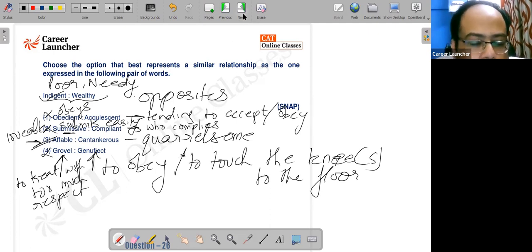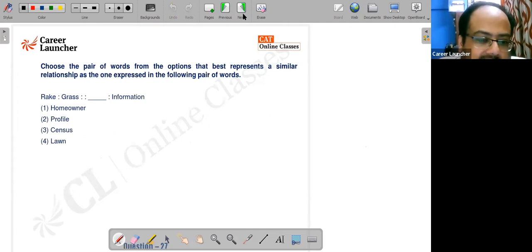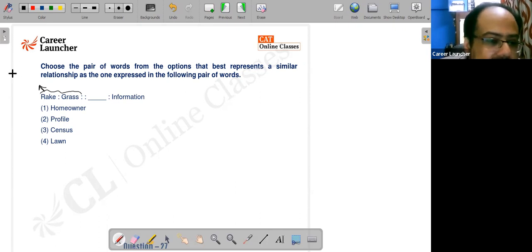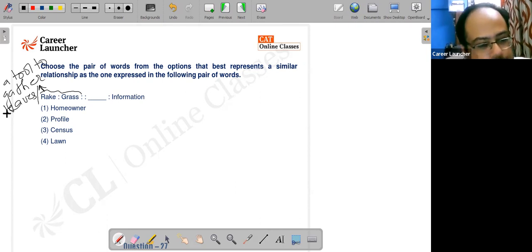Okay, let's come to the next question. Again, I'll tell you the relationship between the first two words, then tell me what the answer is. Rake is a tool which is used to gather leaves or grass.